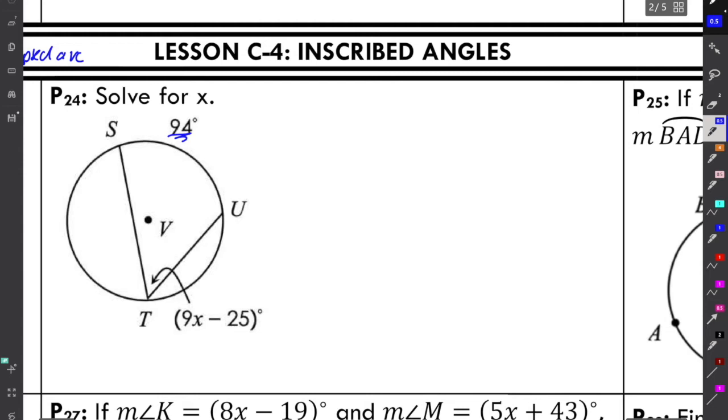So I set up my equation like this: 9x minus 25 is equal to half of 94, so 94 over 2, which is 47. Now we solve for x easily. 9x is equal to 72, so x is equal to 8.